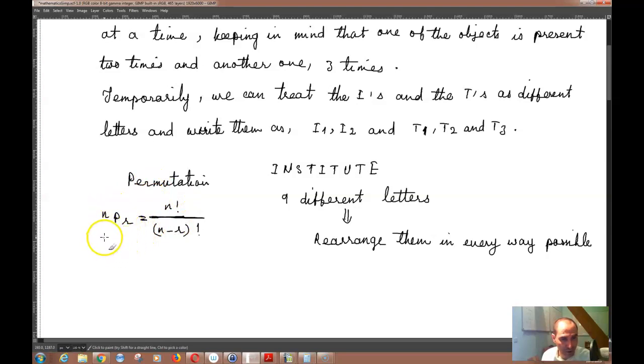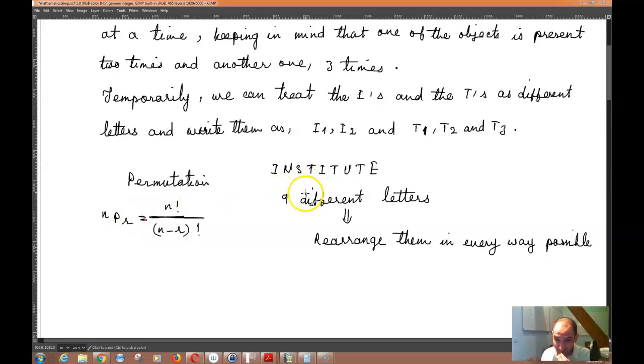If repetition is allowed, then the number of arrangements would be n raised to the power r. But that's not what we are concerned about here. We are not repeating anything, so it's just n permutation r.